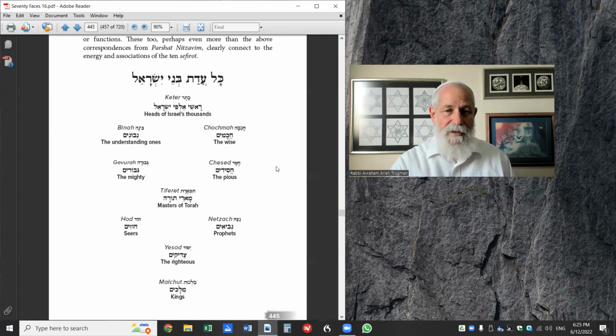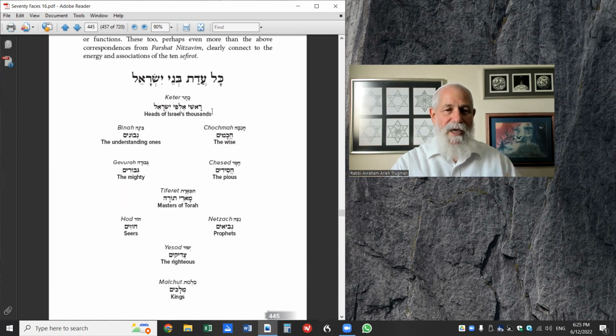And so this chart right here is from the Zohar, and it goes through 10 different, we'll call it divisions or segments of the Jewish people. And this one is an amazing one because it's so connected to the Sefirot that it's very, very obvious.